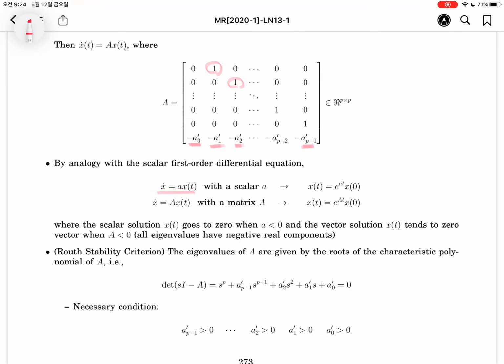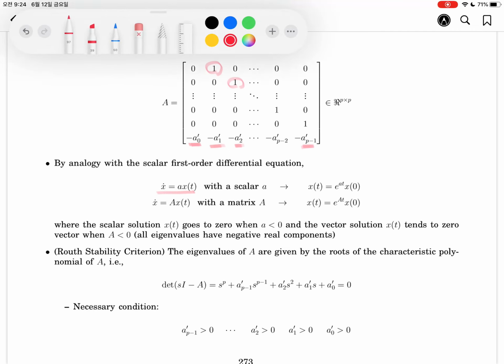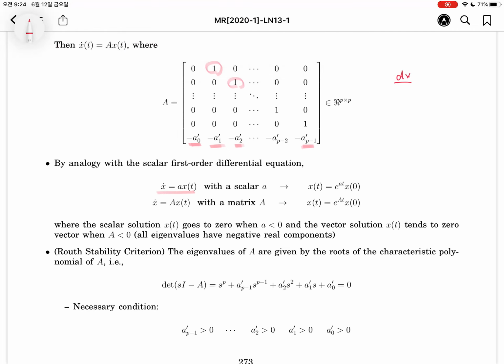In this case, A is a scalar. At that time, we can derive the solution. Maybe you know that dx/dt equals ax. Let's separate the x: dx/x equals a dt, and then integrate in time.